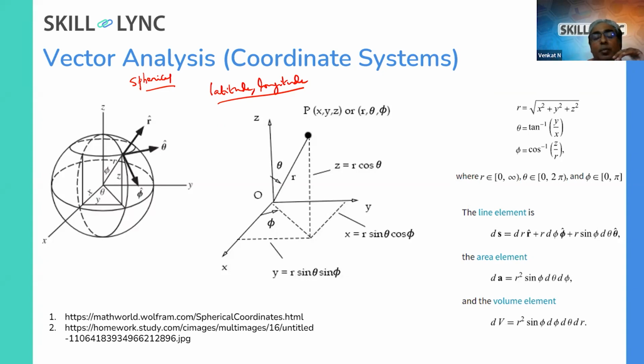So any point on the sphere will have a unique latitude and longitude. Looking at this sphere example, can anyone tell me what the latitude angle and longitude angle correspond to, between theta and phi? So we have theta angle and phi angle. Which is corresponding to latitude and which to longitude?